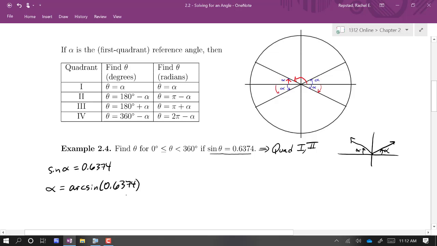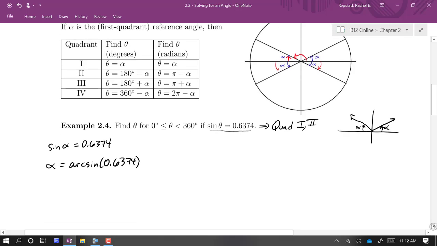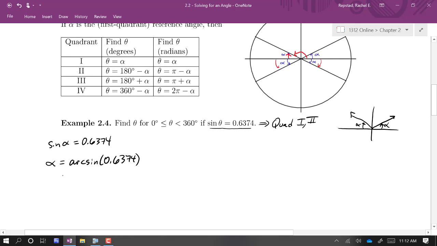You may also use the notation with the superscript -1, like sine inverse. And that's fine to use. In fact, that's how they show it on your calculator. I'm a fan of the arcsine notation. I find it to be a little bit less confusing. So you'll see me use that notation more.